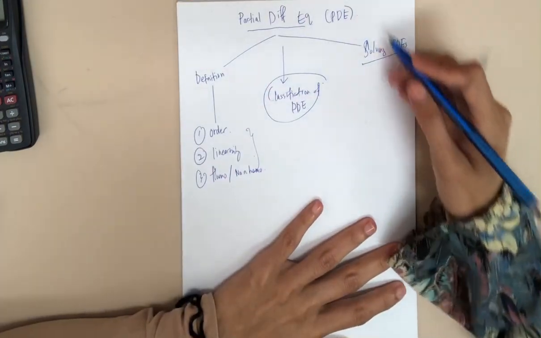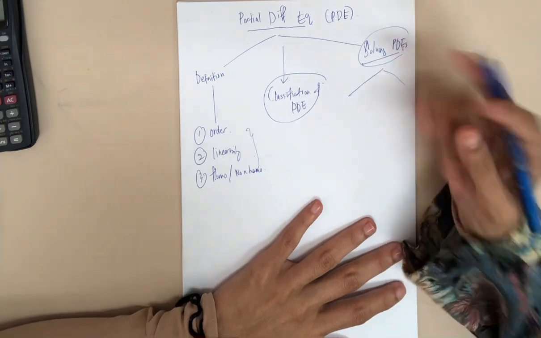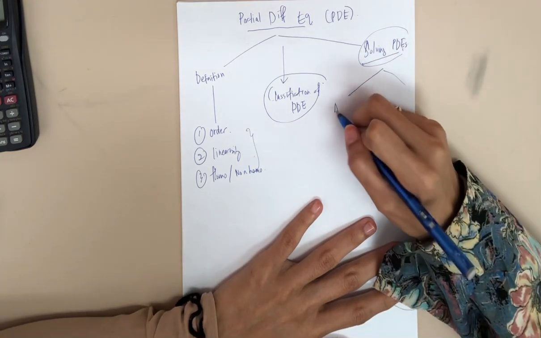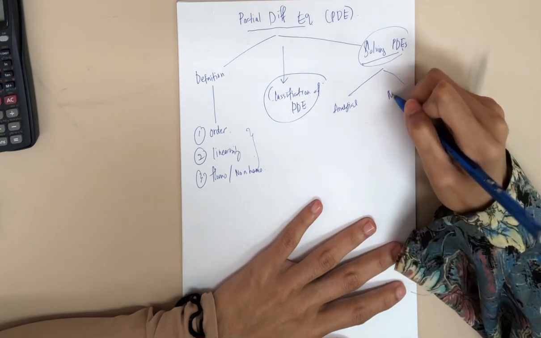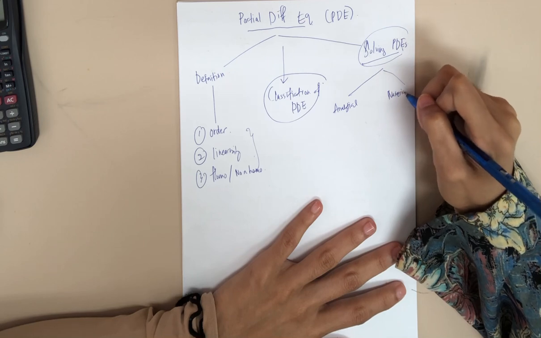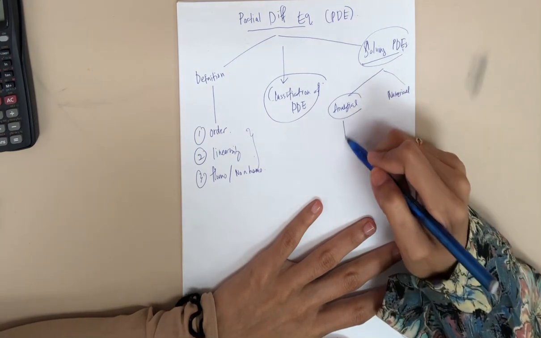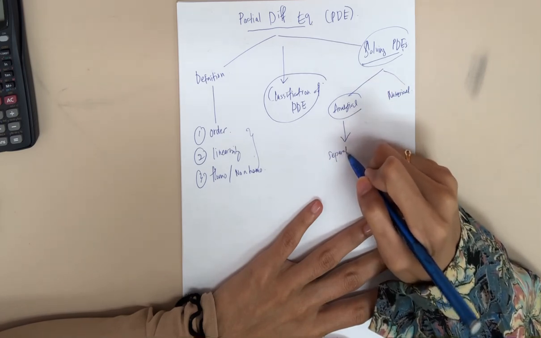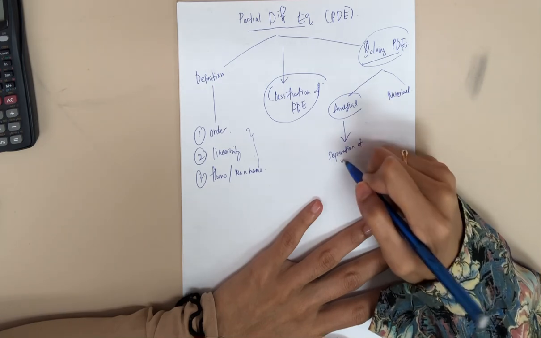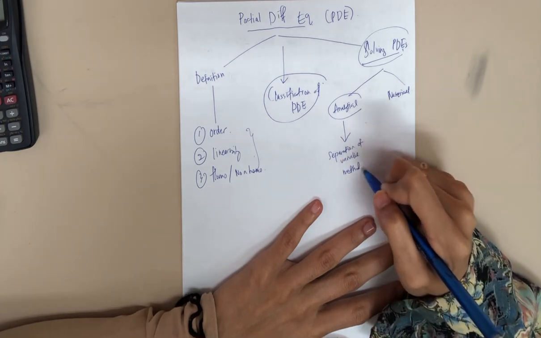But class, for solving PDE, we have two approaches: an analytical approach and a numerical approach. For the analytical approach, the method that we will use is the separation of variables method.